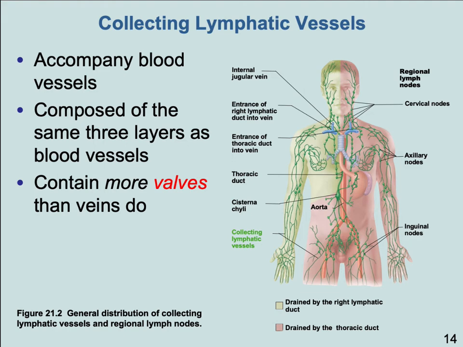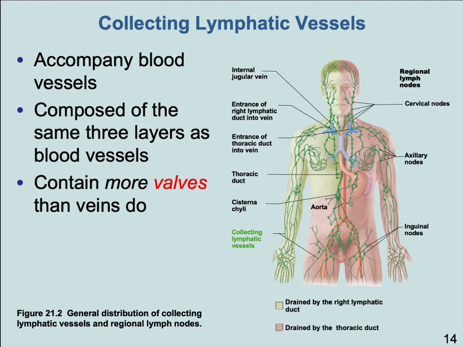They're actually composed of the same three layers as blood vessels. They're structurally somewhat similar to veins. However, they contain more valves than even veins. Their walls are thinner than veins.